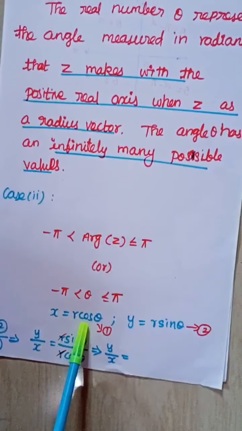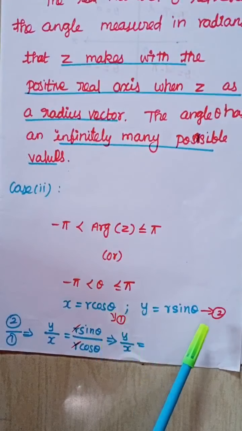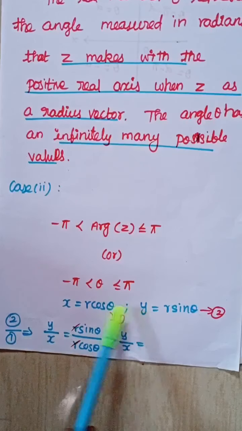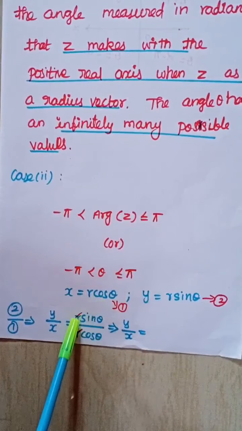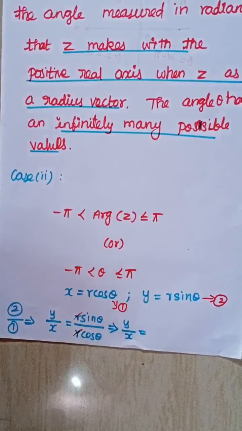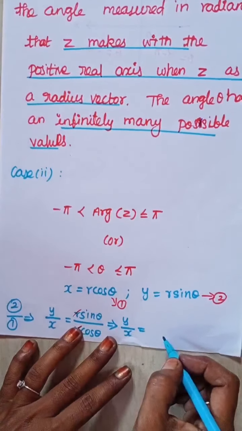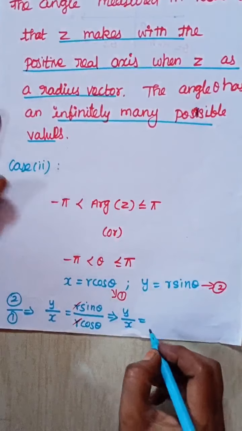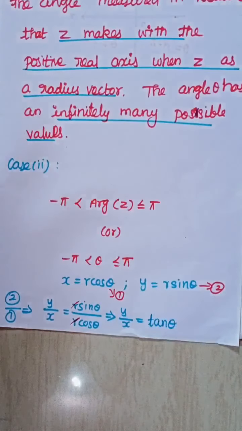We know that x is equal to r cos theta and y is equal to r sin theta. Take these as equation 1 and equation 2. Then 2 divided by 1 gives y by x equal to r sin theta by r cos theta. The r gets cancelled, and finally we get sin theta by cos theta, which is tan theta.